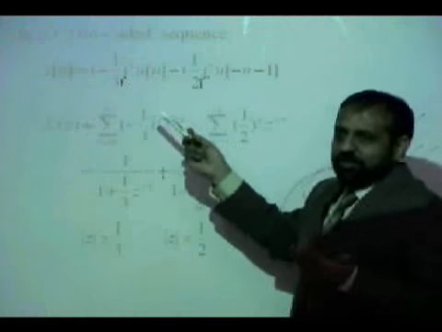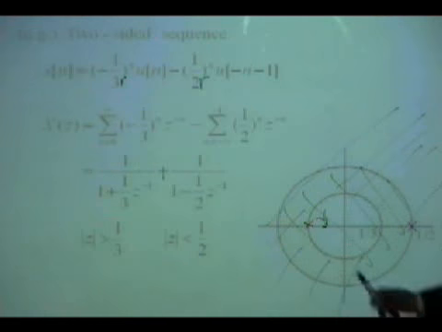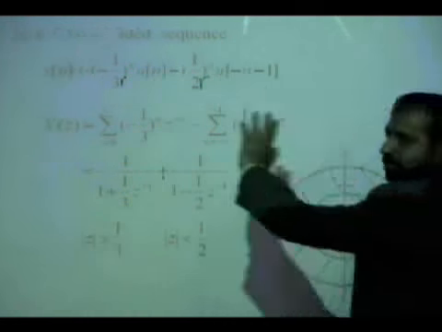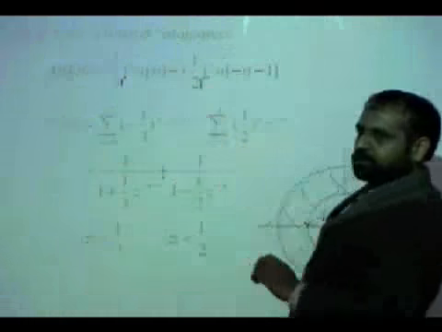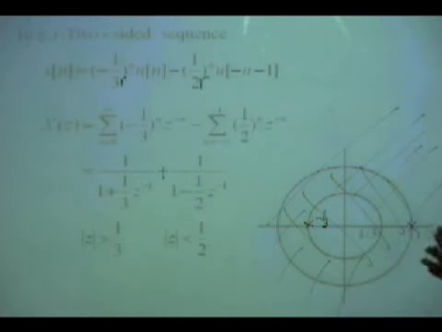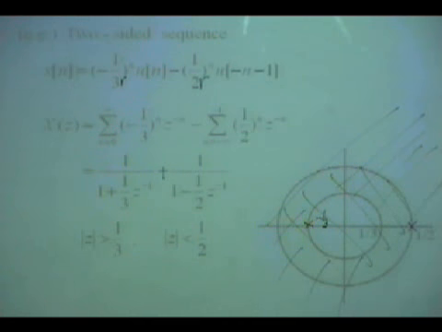Put R equal to 1 here, it converges. But if you put R equal to 1 here, it will not converge; for 1 over 2, with negative values of n, it will grow. So the intersection, between 1 over 3 and 1 over 2, take any point there and both will converge. That is what is important.